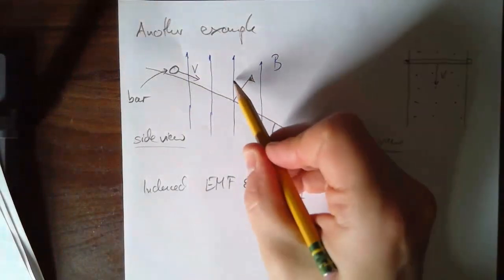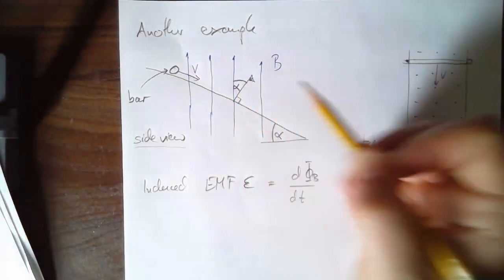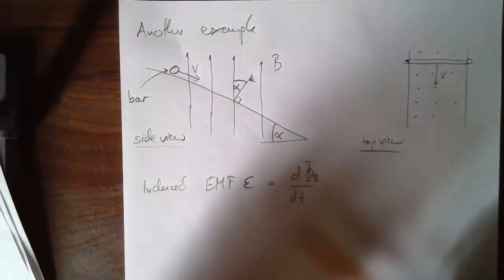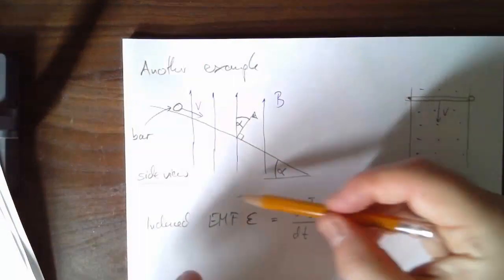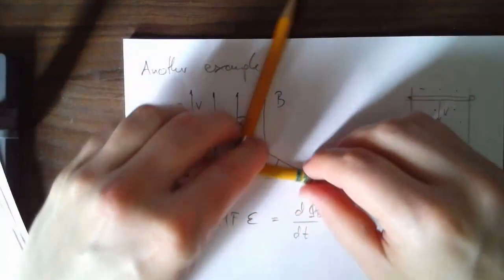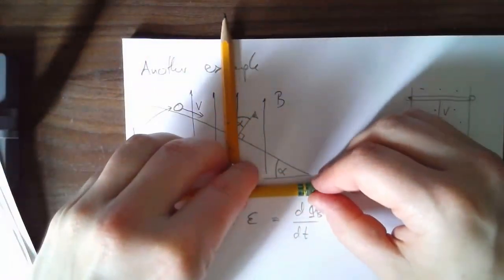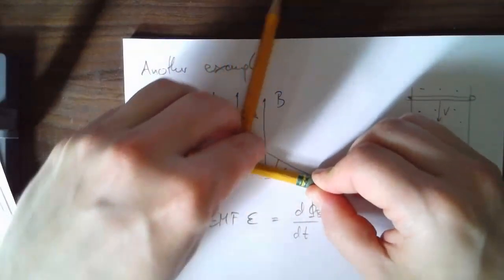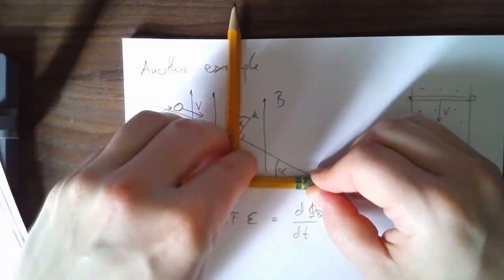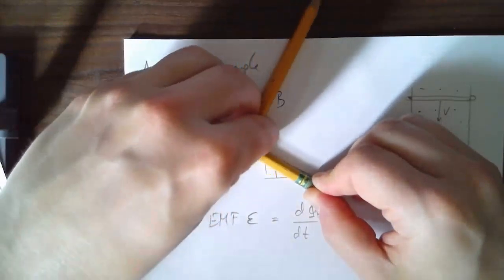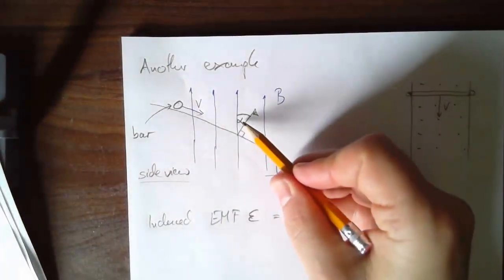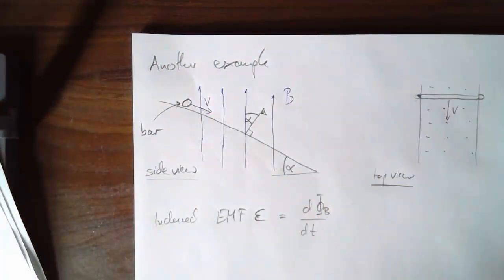In fact, you can easily check that this angle here is also alpha. The easiest way to check this, if you don't believe me: sure, you could draw some triangles, or you could say, well, look, if this is flat like this, then there's 0. If I start tilting it like this, then I've tilted the vertical by the same angle, right? Maybe that'll help you see immediately that this angle has to be the same as this one here.